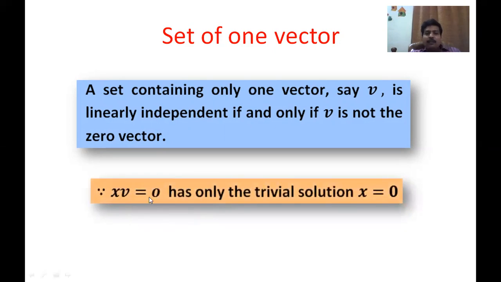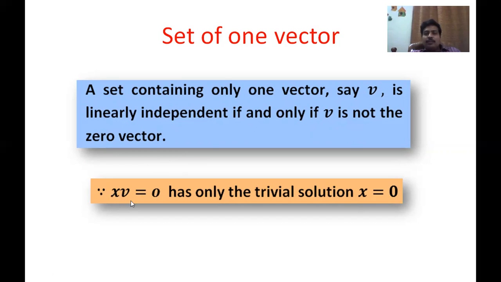Since xv is equal to 0 has only the trivial solution, x is equal to 0. If I find only one vector v in the relation c1 v1 plus c2 v2 and so on plus cp vp is equal to 0, my equation reduces to c1 v1 is equal to 0. Here my v1 is v, so instead of c1, I take x.